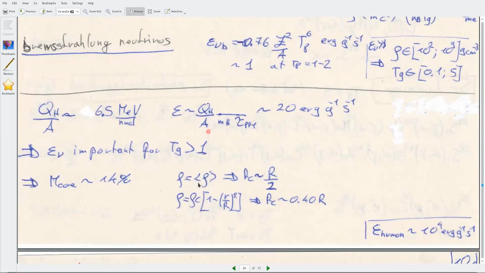And if you do the calculation, as we saw at the beginning with 20, you saw 2, so the fraction of the mass is more or less 1/10.